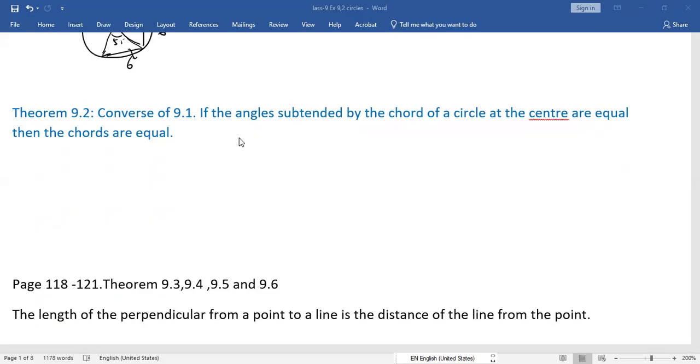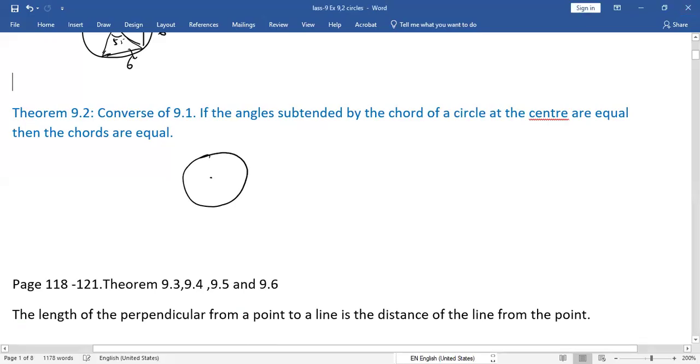That is another way. If the angles subtended by chords of a circle at the center are equal, then the chords are equal. Here again the circle is there. Here one chord is here. Another chord is here. But these angles, look here. Y is the center. AB and CD are the chords.